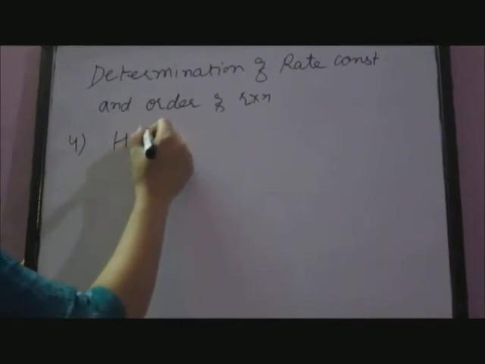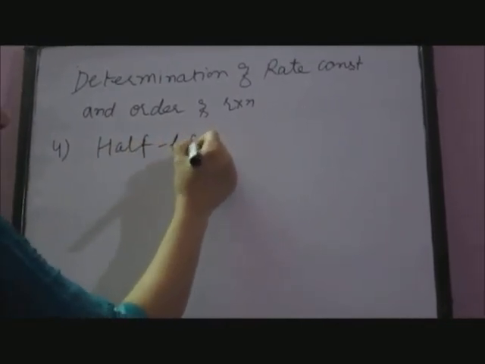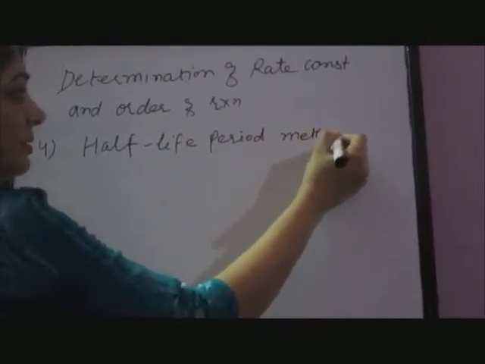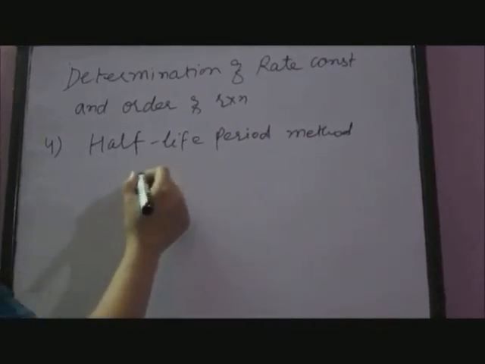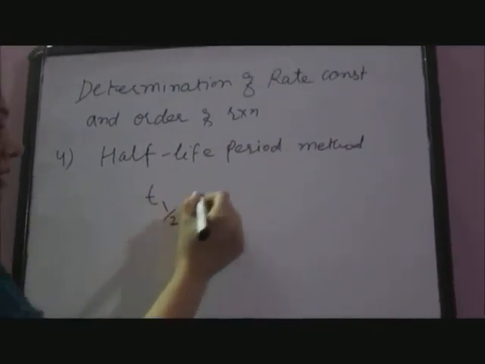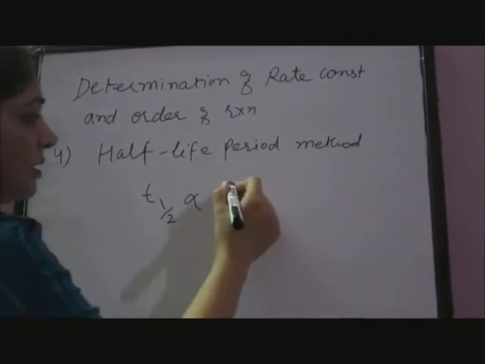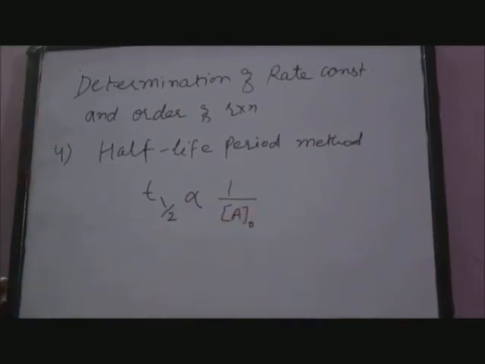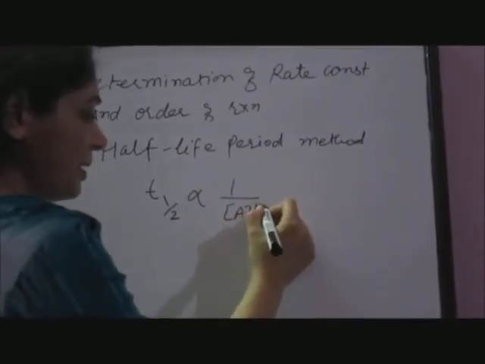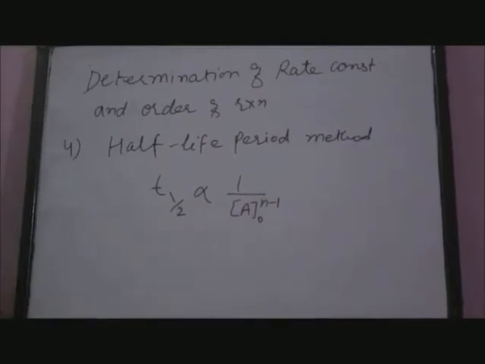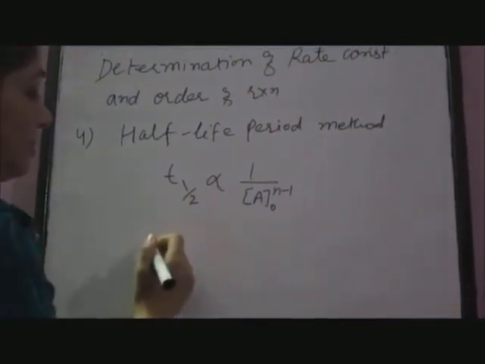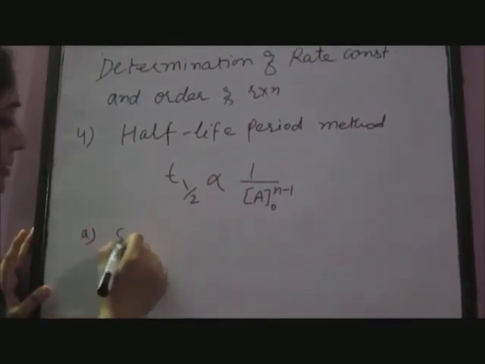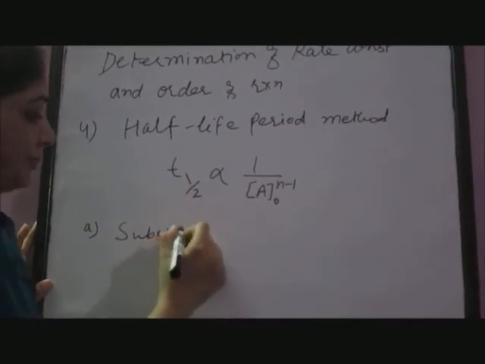Next method is the half life period method. As we already discussed, t half is proportional to 1 upon initial concentration raised to power n minus 1. The first method is the substitution method.